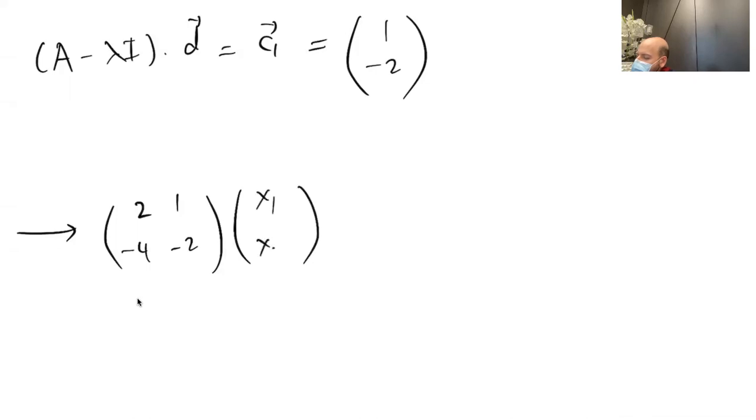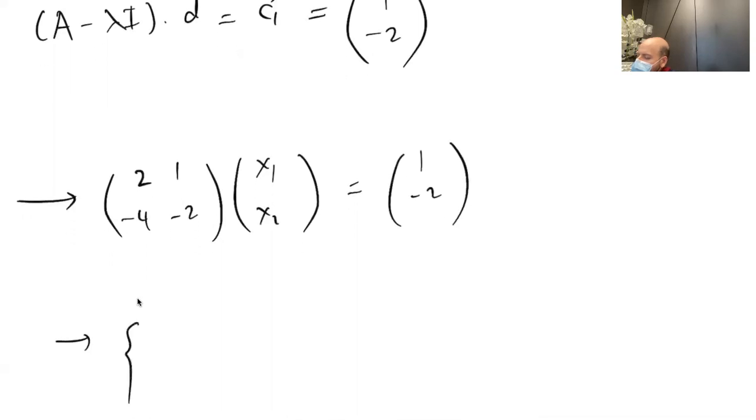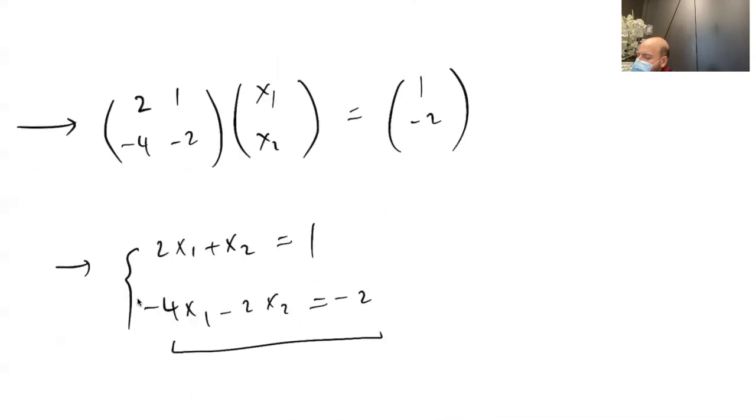Let's say X1, X2 equals 1 and minus 2. So then that means 2x1 plus x2 equals 1, and minus 4x1 minus 2x2 equals minus 2. Again, as you can see, the second equation is a repetition of the first equation.